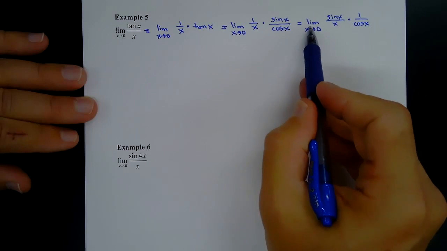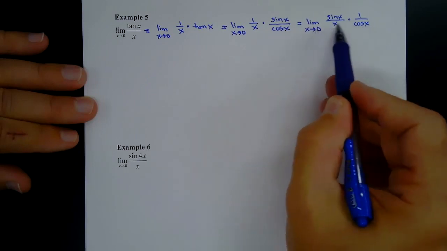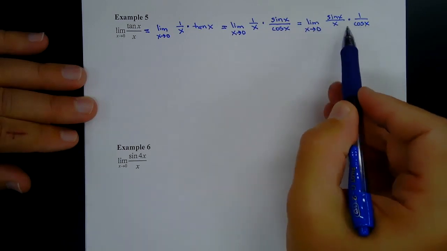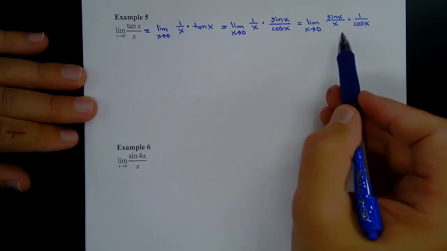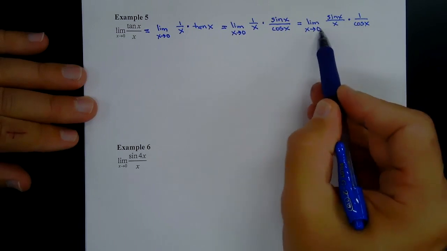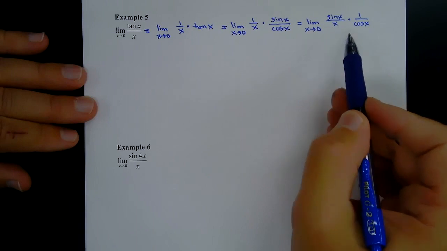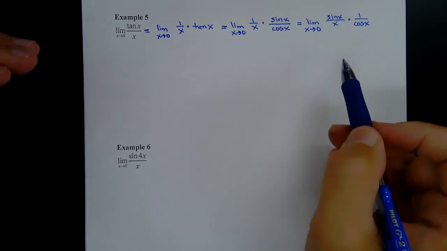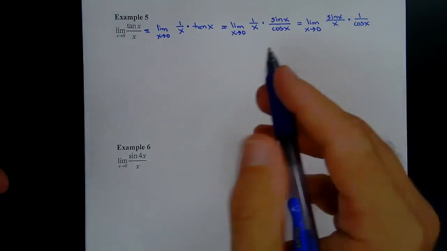This is the limit of a product. What that means, from the properties of limits, is I can take the limit of each one of these individually, and multiply those two answers together, and I'll have the answer for this.